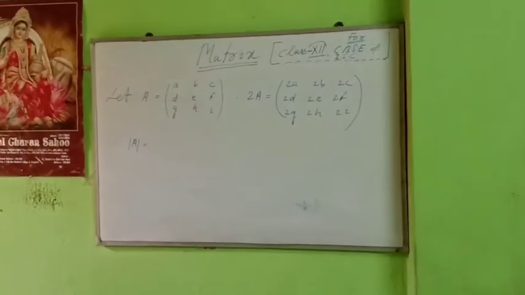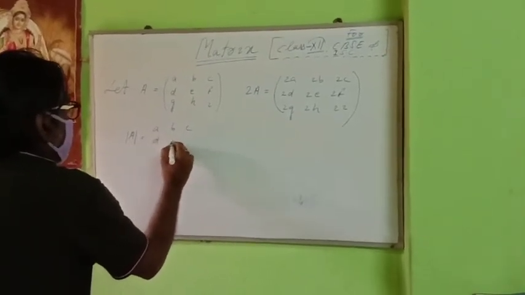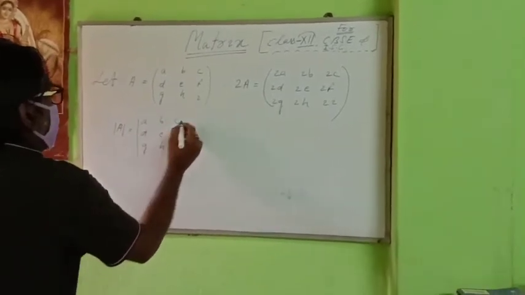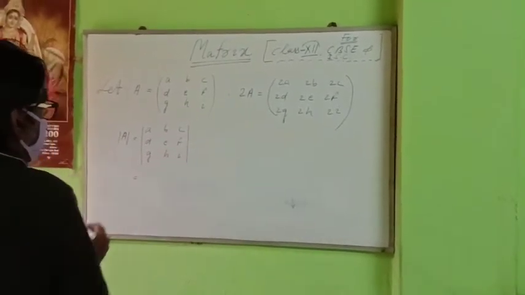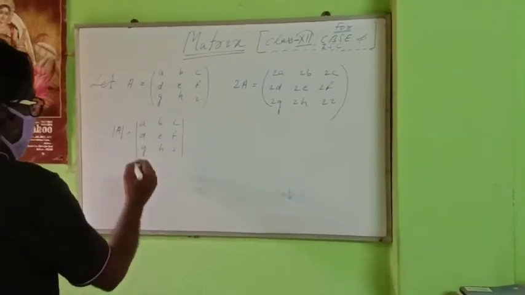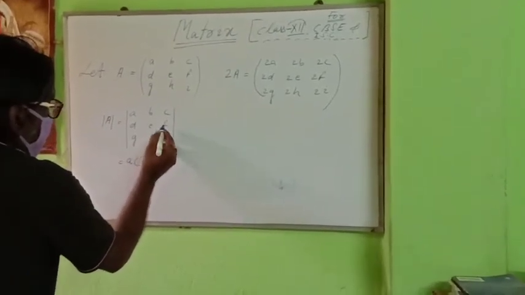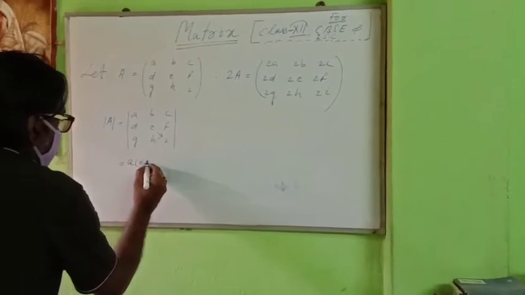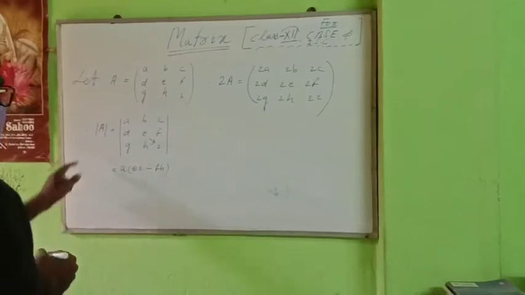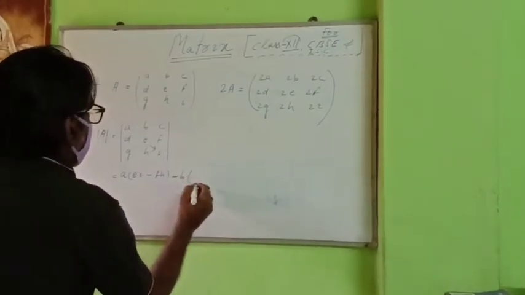How to find out A determinant? Means just to see a, b, c, d, e, f, g, h, i. This is the way of finding the determinant. See, first element, omit this row, omit this column. That means a whole into this minus this into this. That means e into i, means ei minus fh. This is one part. Next, the second part will be minus b, again bracket.